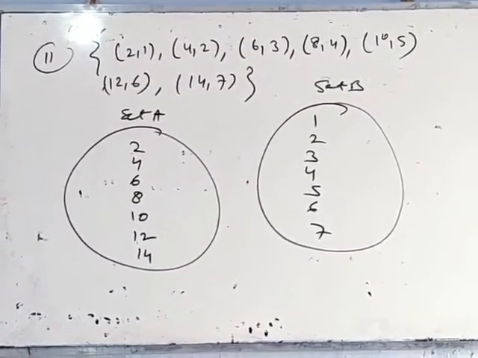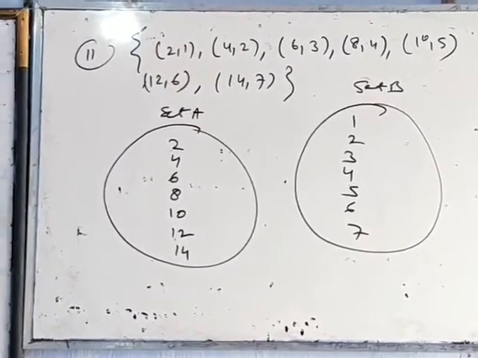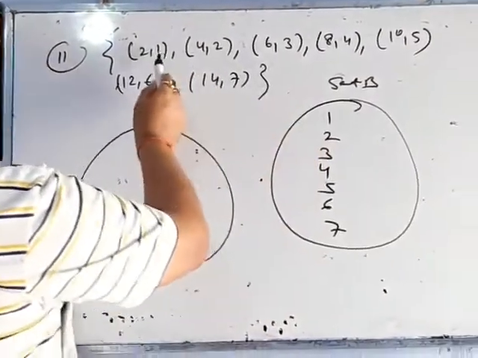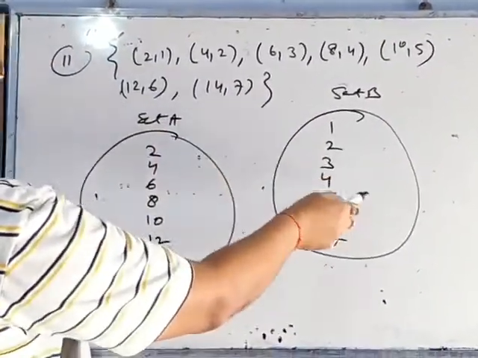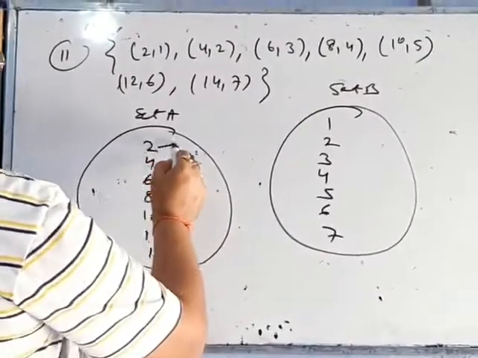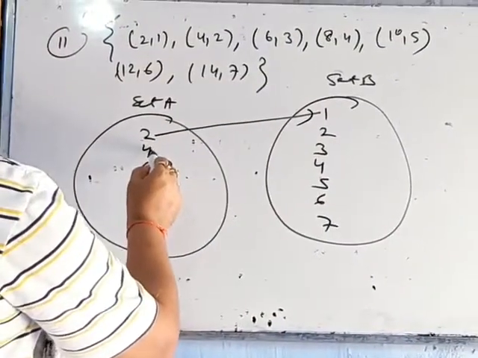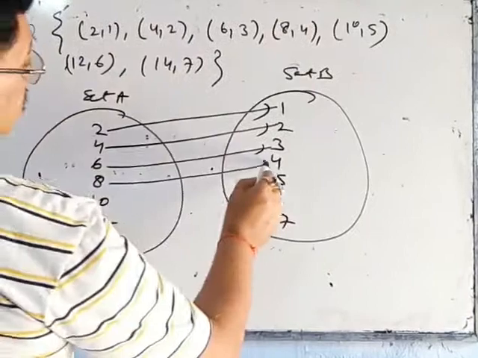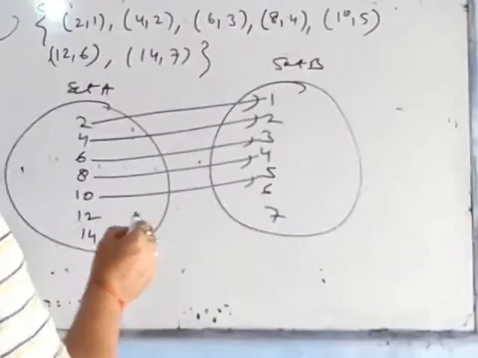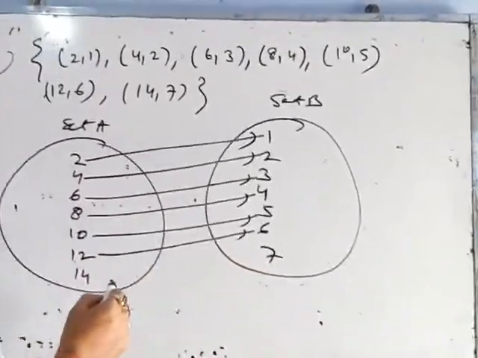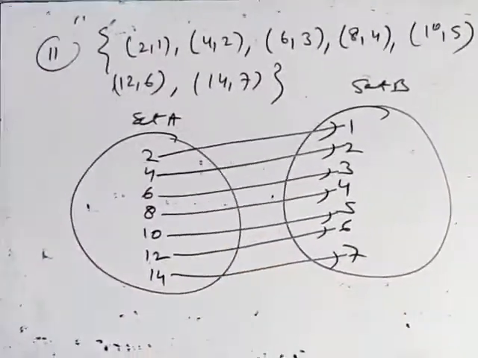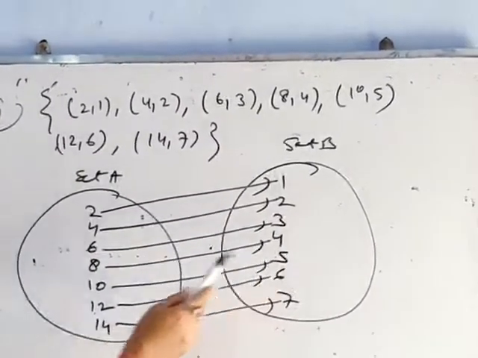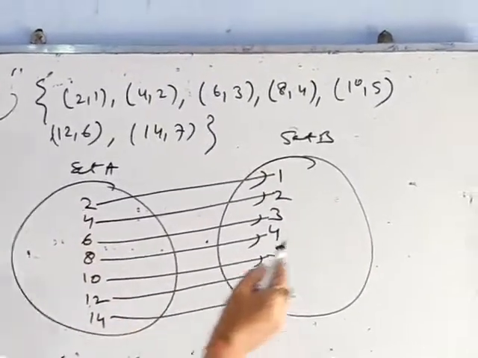So 2 is related to 1, 4 is related to 2, 6 is related to 3, 8 is related to 4, 10 is related to 5, 12 related to 6, 14 related to 7. So it is a function. All the elements of the domain are associated with elements of set B, the codomain. No elements are left. So it is a function.